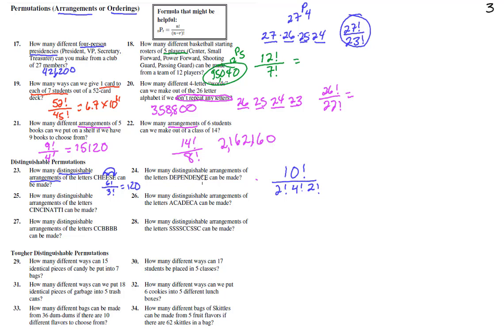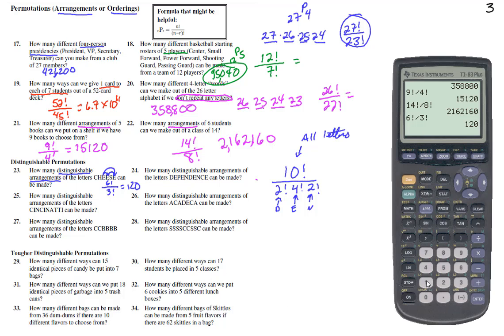Yeah, and the C and the P, they're by themselves. So all letters can mess themselves up in 10 factorial different ways. So that's how many different permutations if we could tell the difference between these E's. But here, this is how many ways the D's can mess themselves up, the 4 are the E's, and these guys are the N's. So there are that many different ways they can mess themselves up that we can't distinguish, so we have to get rid of them.